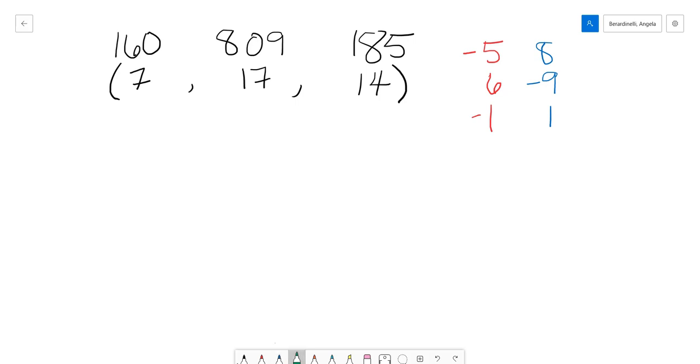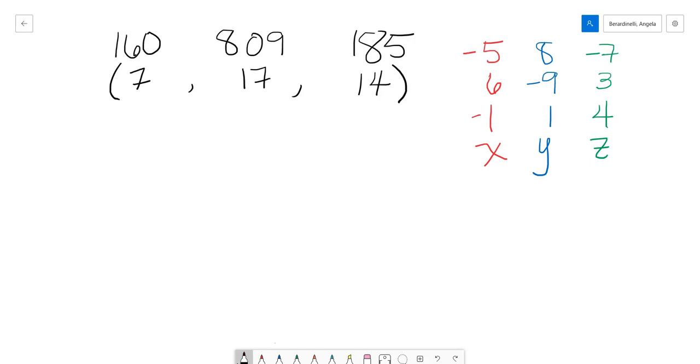And then our Z moves will be 1 minus 8, that's negative 7. 8 minus 5, that's 3. And 5 minus 1, that's 4. So here are our X, Y, and Z moves, coming from subtracting first number minus second number, second number minus third number, and third number minus first number.